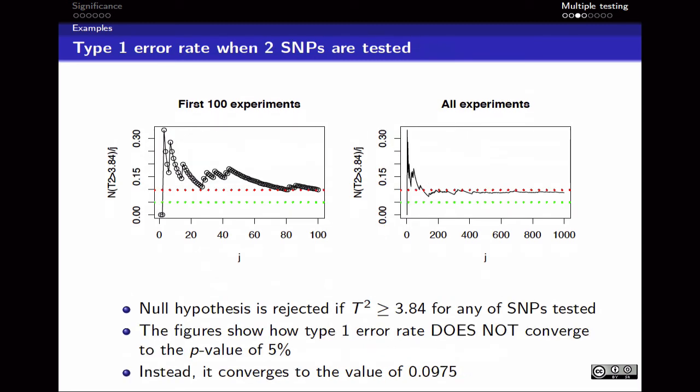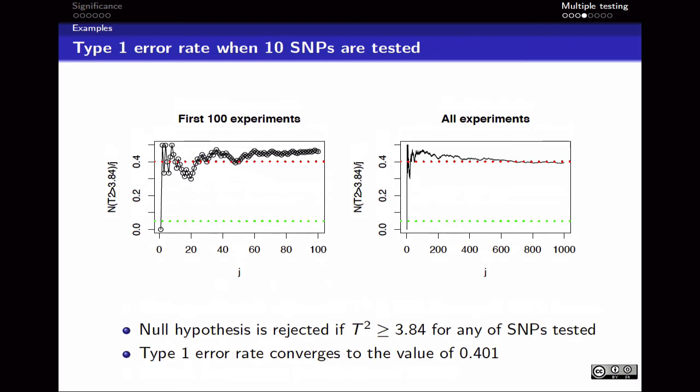So the type 1 error in this experiment is roughly 10%, or to be more exact, 9.75%. Okay, now I scale up my experiments, and it is not very uncommon for a candidate region to test a large number of SNPs.